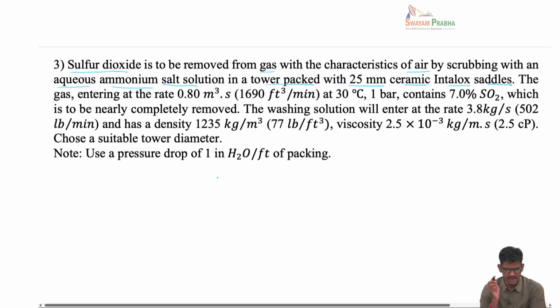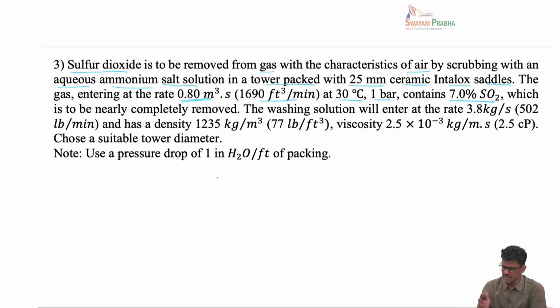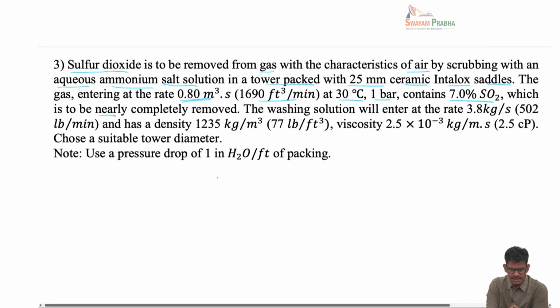The gas is entering at a particular volumetric flow rate, also given in English units, feet cube per minute, and the corresponding temperature, pressure, and the composition of sulfur dioxide is also mentioned in the gas phase, and this needs to be nearly completely removed. Okay, basically we are looking for pure gas.